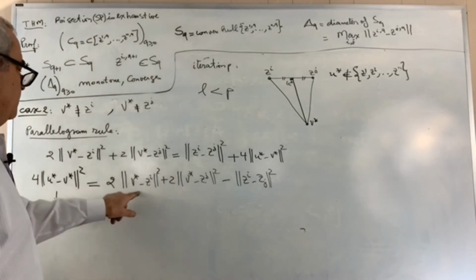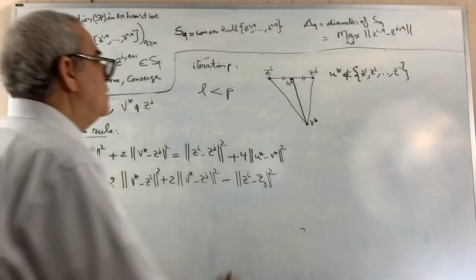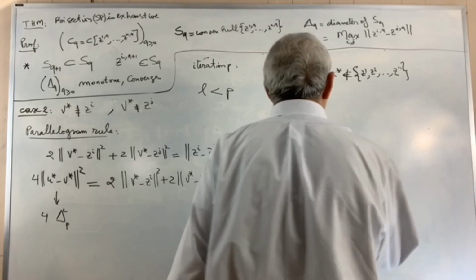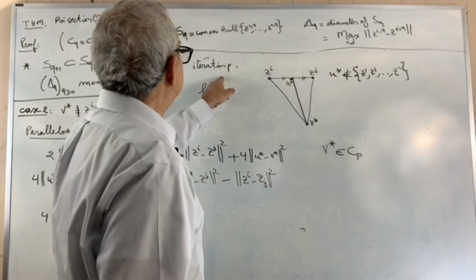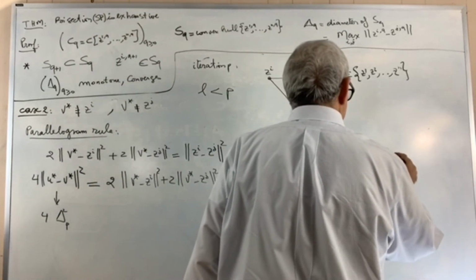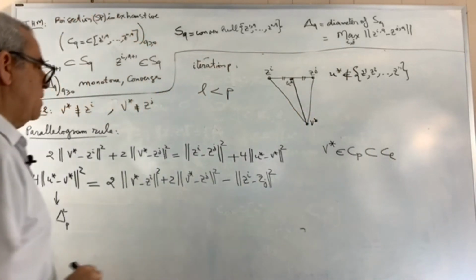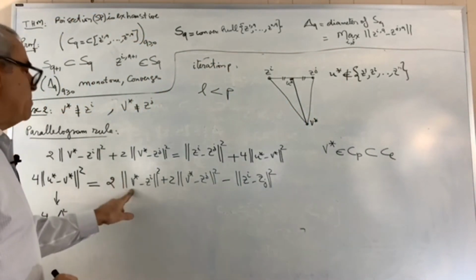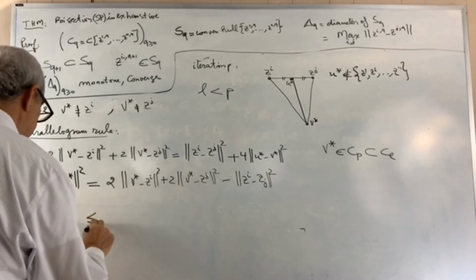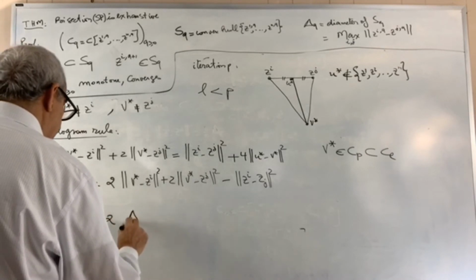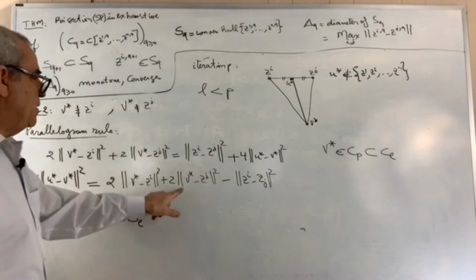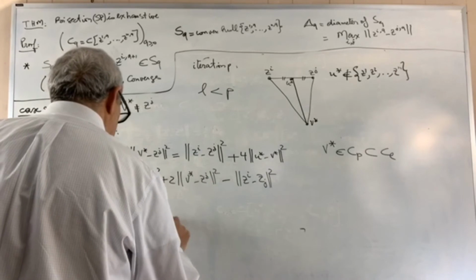Now, this, I'll go on the side here. V star belongs to CP, right? This is the longest edge at iteration P, so it belongs to CP. And CP is inside CL, right? So V star belongs to CL and Zi belongs to CL. So this is less or equal to 2 times delta L squared, right? Because this is less than delta L. And the same thing with this, plus 2 delta L squared.